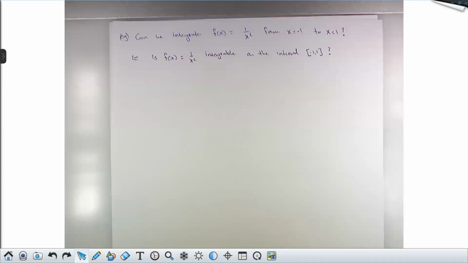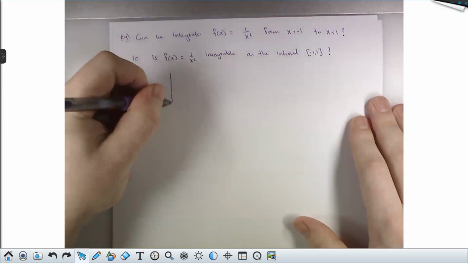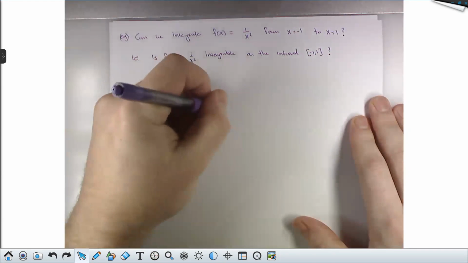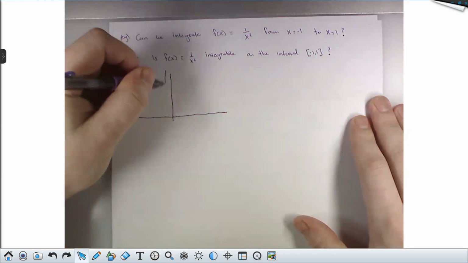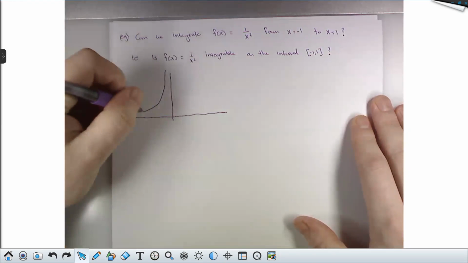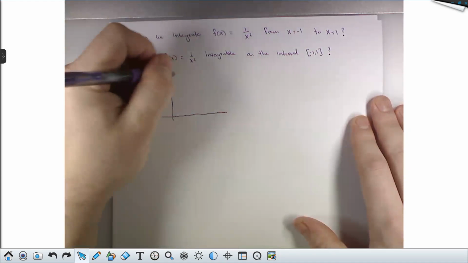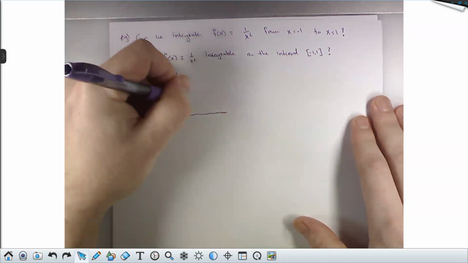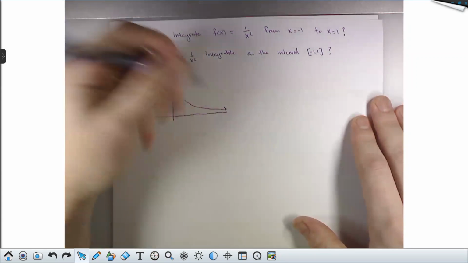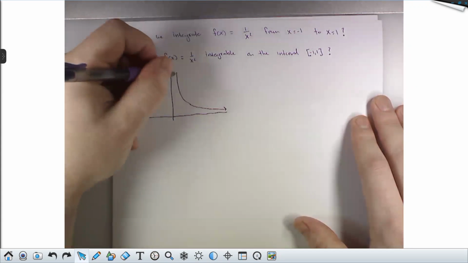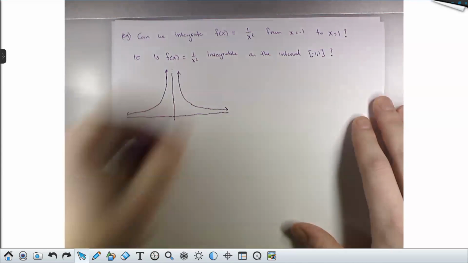And it will be helpful here to look at the graph. Here's the graph of 1 over x squared. It has a vertical asymptote at x equals 0.